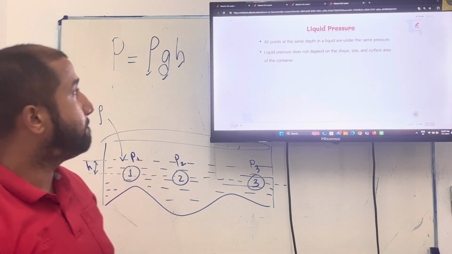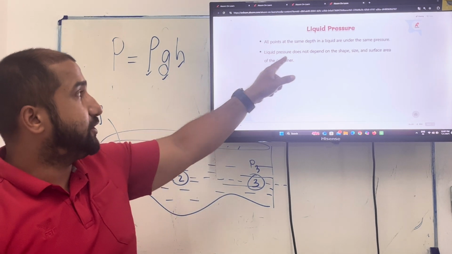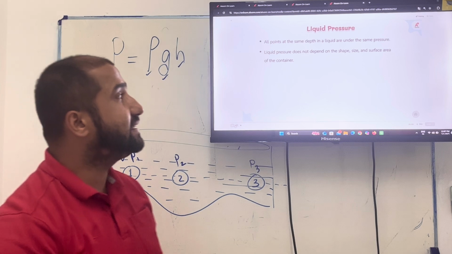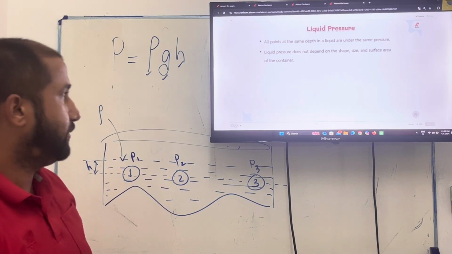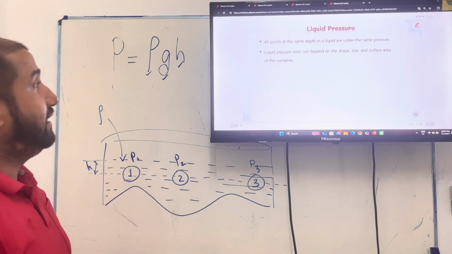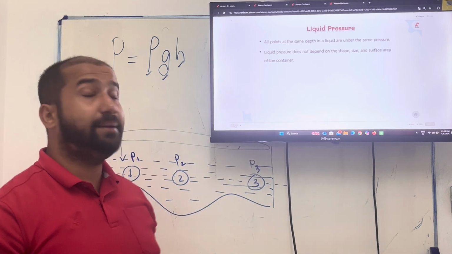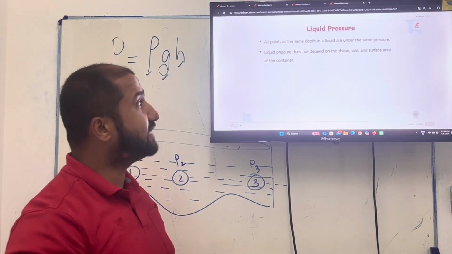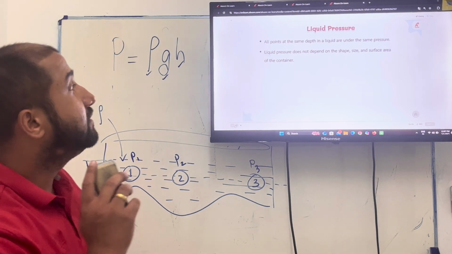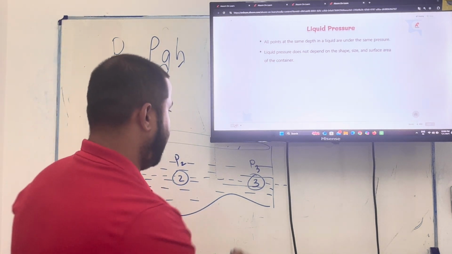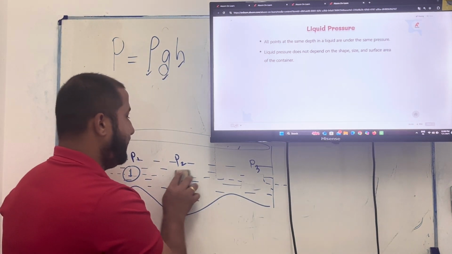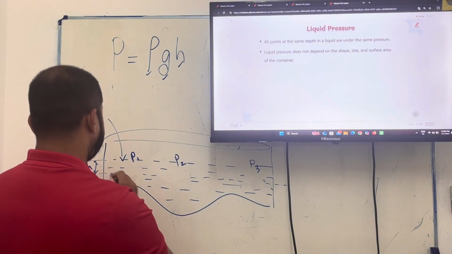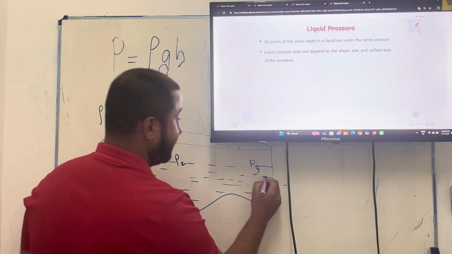Point number 2. Liquid pressure does not depend on the shape, size, and surface area of the container. So liquid pressure does not depend on the shape of the object, it does not depend on the size of the object, or the surface area of the container. For example, we have three different objects again in this liquid at the same level.